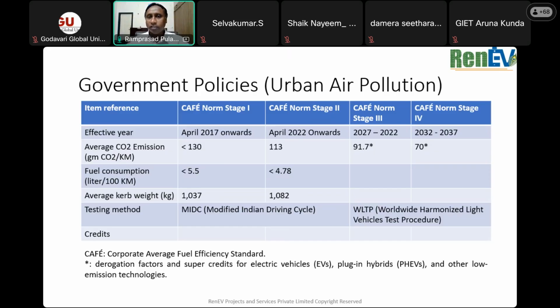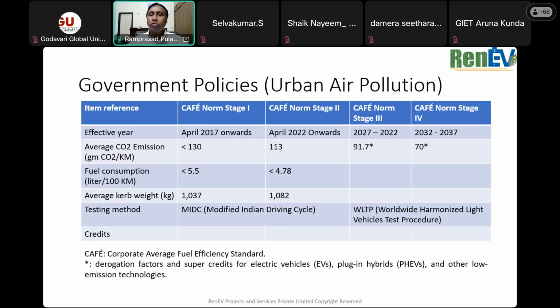So what do you understand by this? The Corporate Average Fuel Efficiency Standard is for a vehicle manufacturer, for four-wheelers. Here, the Government of India has different stages. In stage 1, which was implemented from April 2013, the average CO2 emissions in grams per kilometer has to be less than 130.